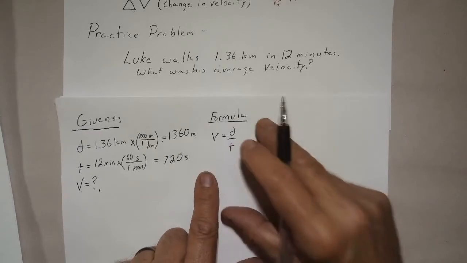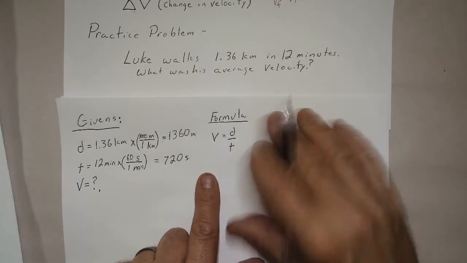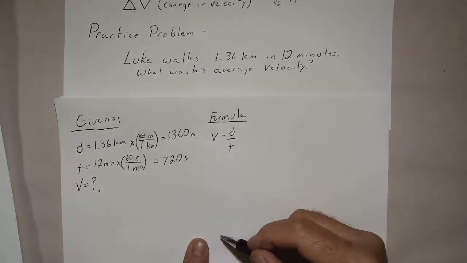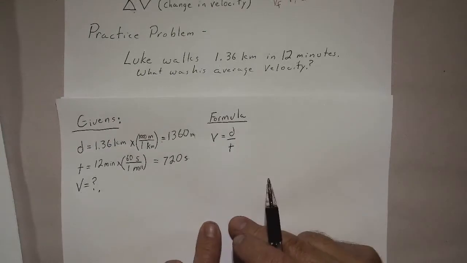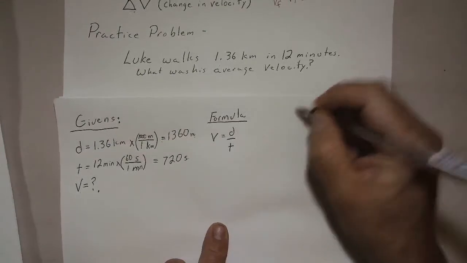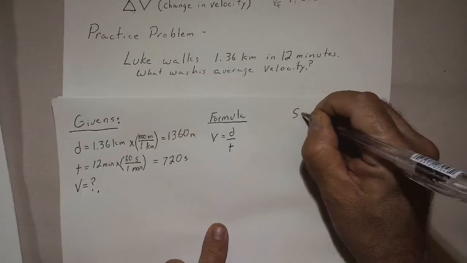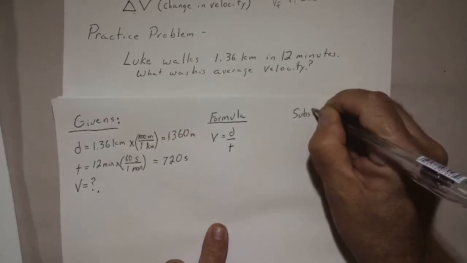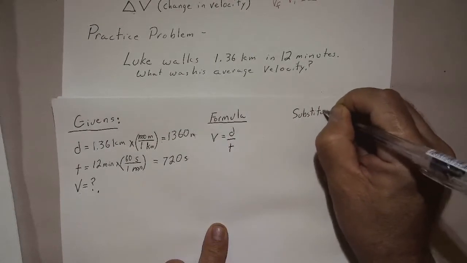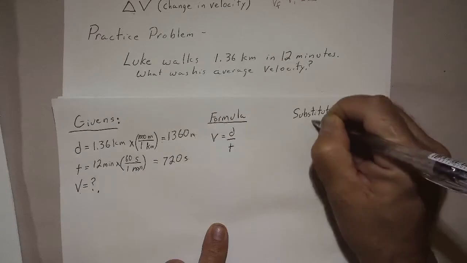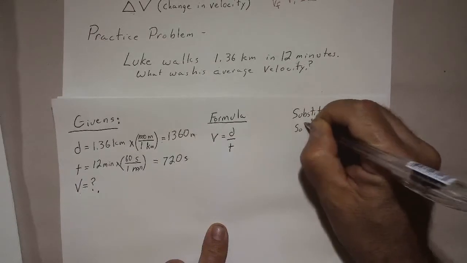You rearrange it algebraically first, foremost, and you do it right here. Whatever that final equation form is, goes in the next line. Substitution and solution.